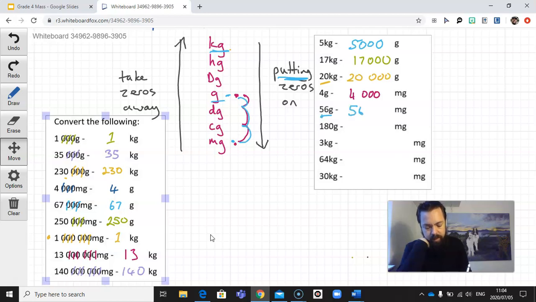So I write this number again, and then I put 3 zeros on the end. 56,000 grams. For 180, again, I'm going from grams to milligrams. 1, 2, 3. So I write 180, and then I put the 3 zeros on. So just be careful not to include that 0 that's part of the 180 as one of your 3 zeros.